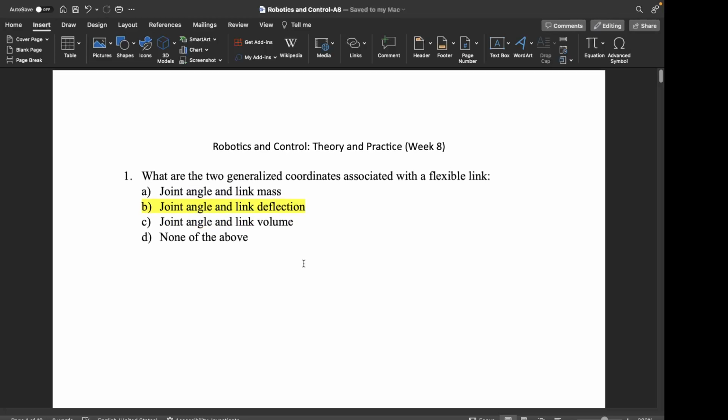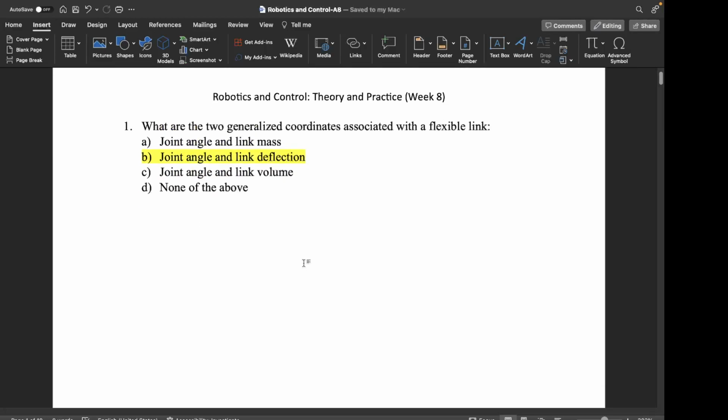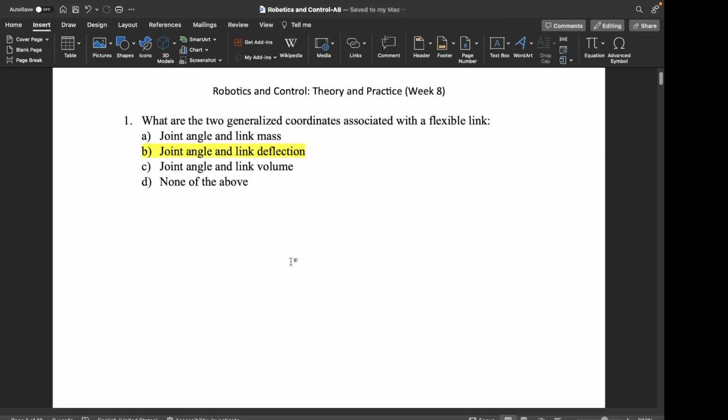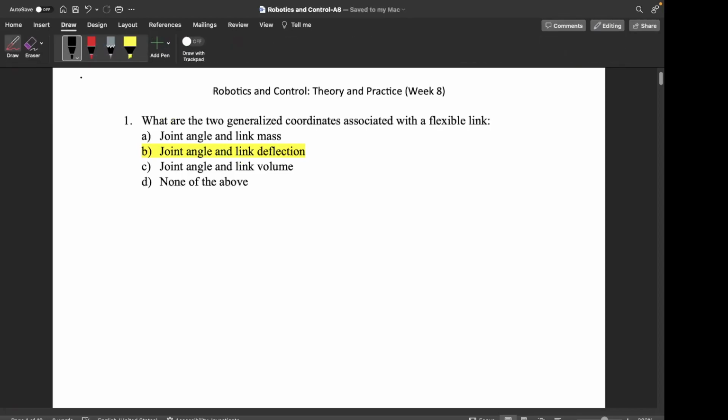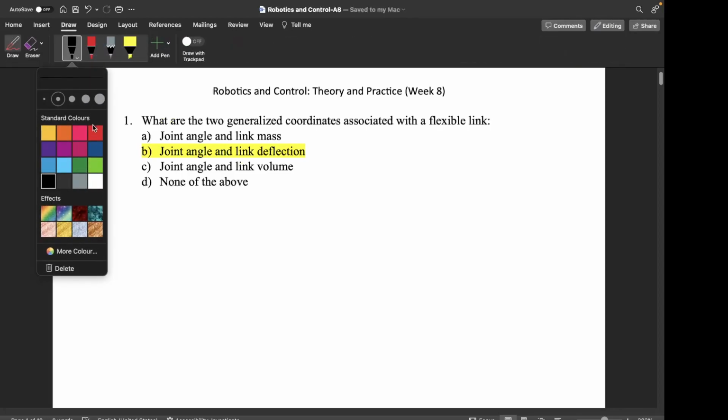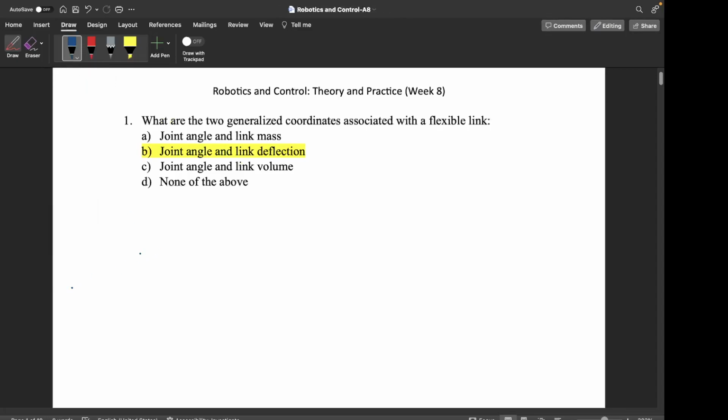So for the first question, which asks what are the two generalized coordinates associated with a flexible link, we can start with a brief recap of how exactly we represent a system of flexible links interconnected via revolute joints.